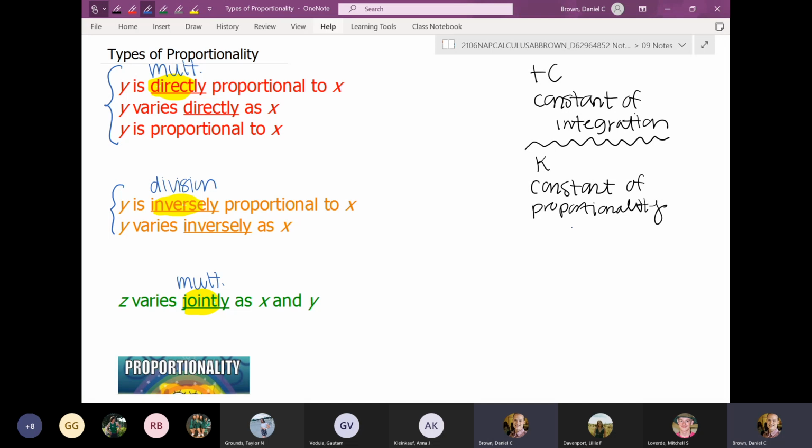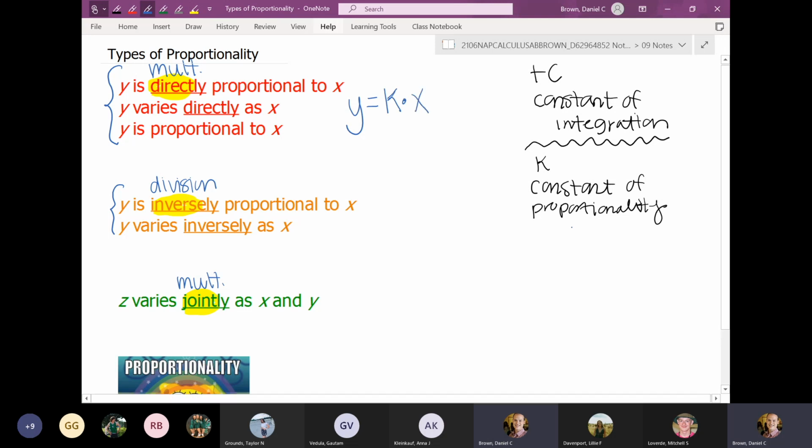And for directly, it's going to be like a direct multiplication. So setting this one up, we have y is directly proportional to x. I could have also said that as y varies directly as x, or, at least commonly, y is proportional to x, where the directly is kind of assumed. So we have the constant of proportionality, and it's directly proportional to x.